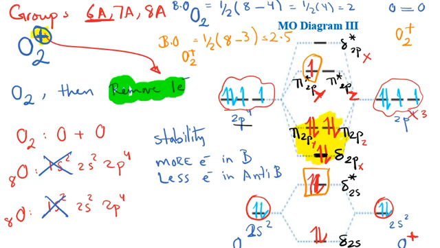In the previous one, we had 2 and here we have 1. So we can say O2 1 positive is maybe going to be more stable than O2. That is something we can talk about in the molecular orbital theory.